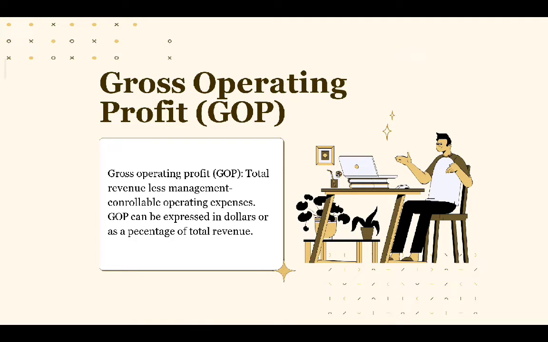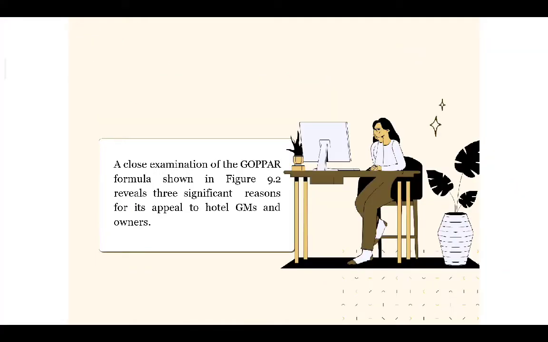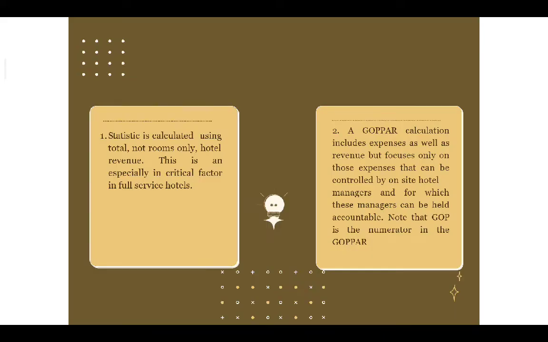A close examination of the GOPAR formula shown in Figure 9.2 reveals 3 significant reasons for its appeal to hotel GMs and owners. The first one is that the statistic is calculated using total hotel revenue, not rooms revenue only.